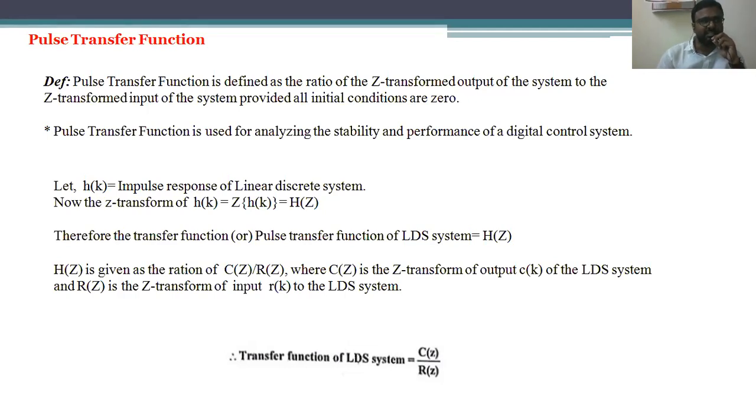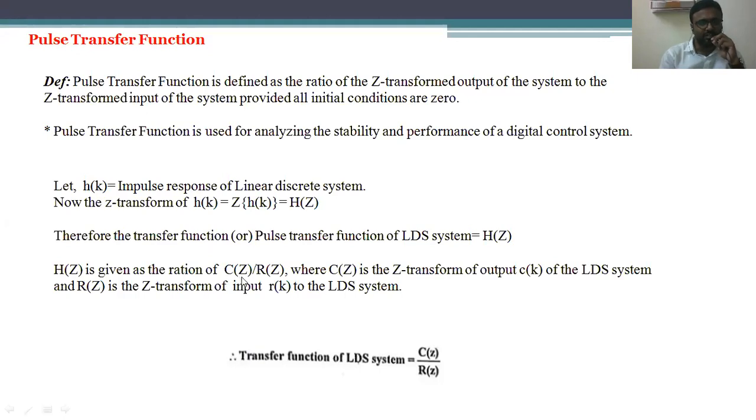That means the Z transform of a discrete system h of k is nothing but H of z. Therefore, this H of z is going to be assumed as the pulse transfer function or Z transfer function.